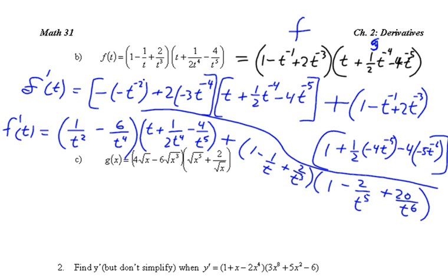Once again, either I'm writing too big or whatever, but I'm running out of space on all of these questions. So that is an appropriate amount of simplification for this question. So whenever we had a couple of negatives, we wrote the positive, and we ended up with positive exponents throughout the whole expression.